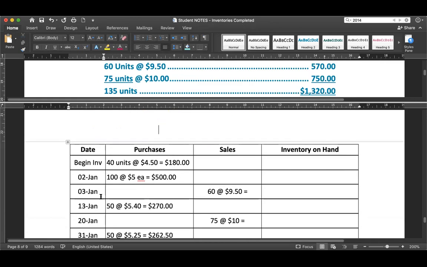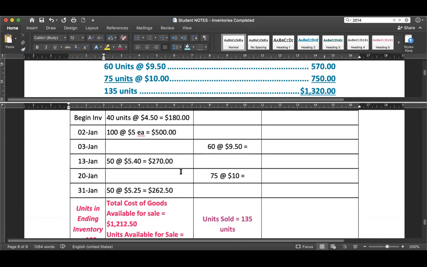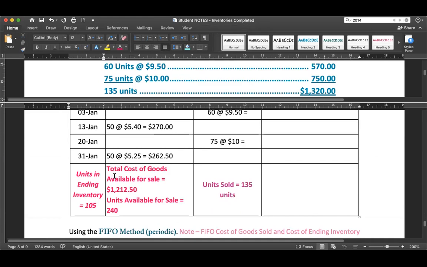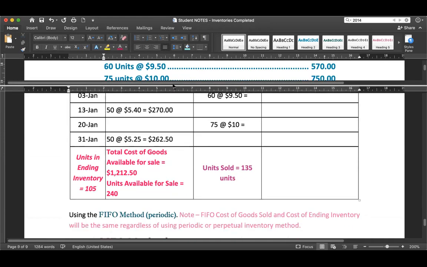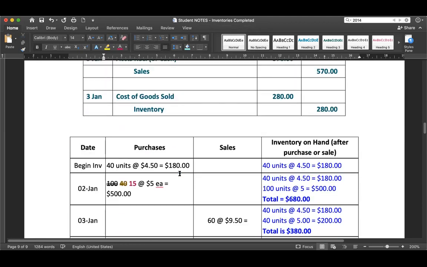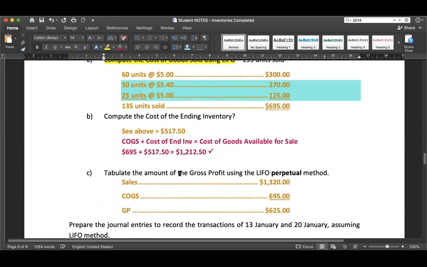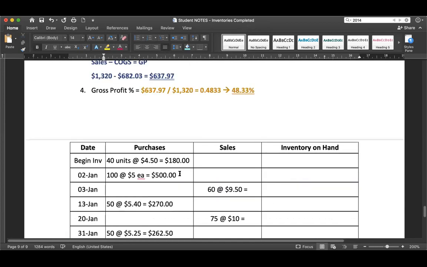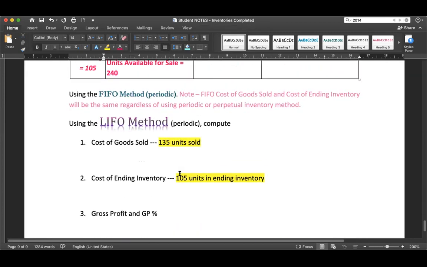Okay, now we have, again, the same information. So I'm just putting it here for it to be a little more visible. Sorry, I don't know why that jumped around. All right, and now we're going to talk about FIFO, periodic. And the nice thing is FIFO is FIFO.